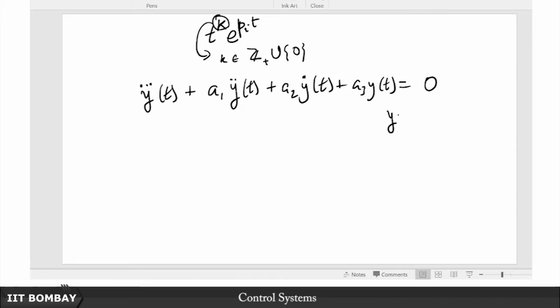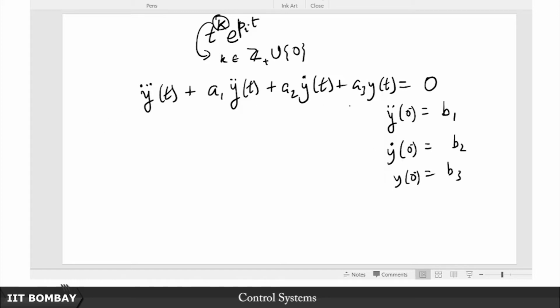Suppose we have been given y double dot 0 equal to B1, y dot 0 equal to B2, and y 0 equal to B3. Actually, I should write 0 minus here to denote the initial conditions precisely.